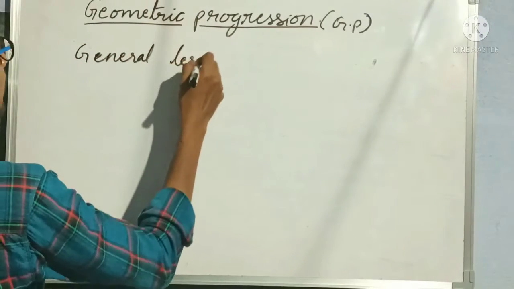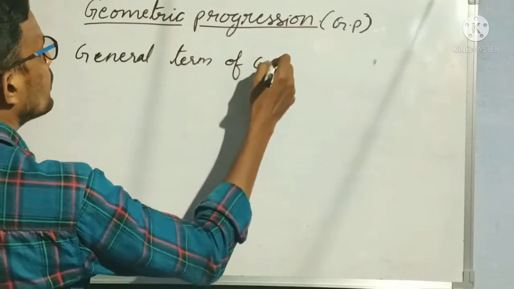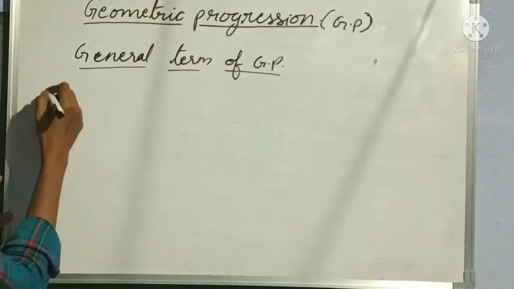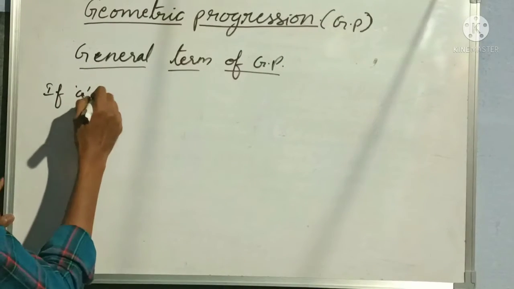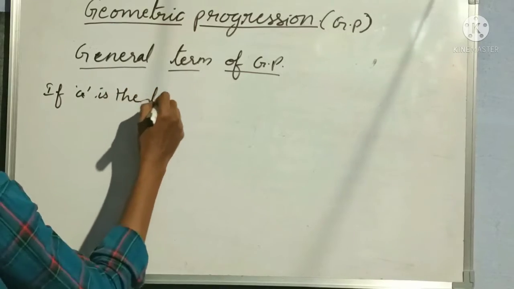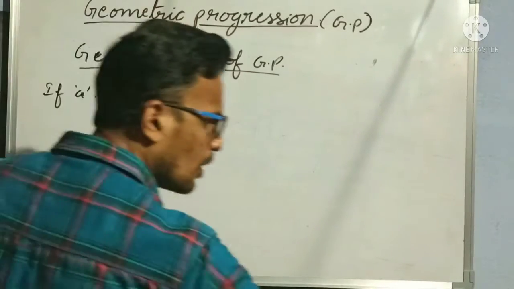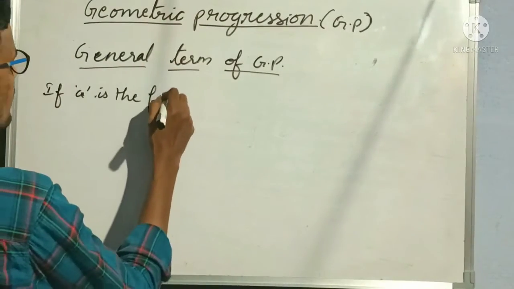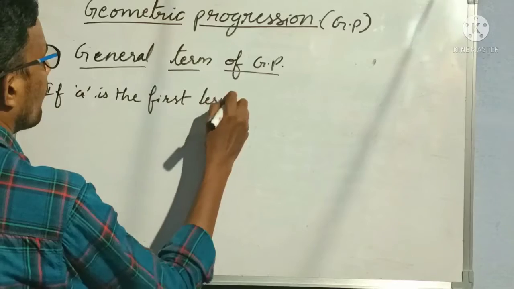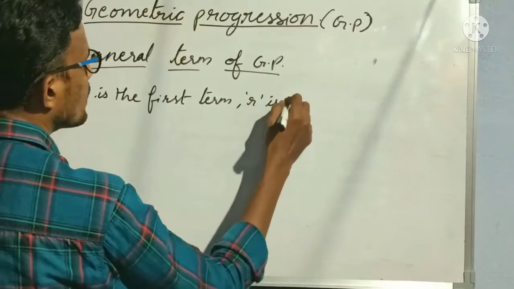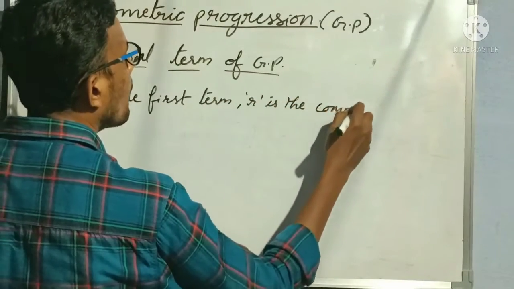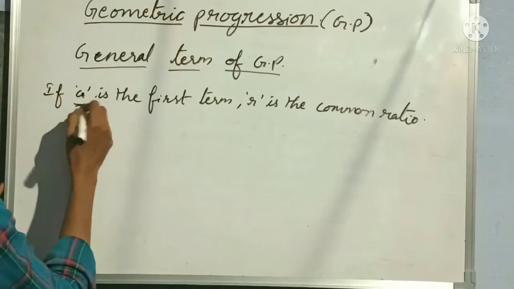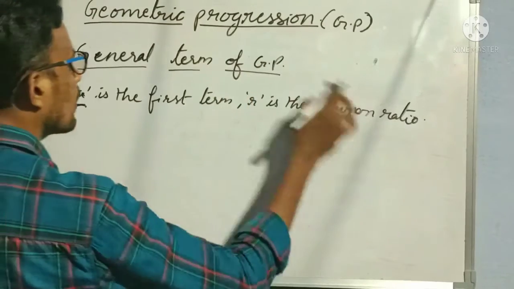If small a is the first term, comma, small r is the common ratio. If small a is the first term of my GP and small r is the common ratio of my GP, then how will the sequence of numbers be?